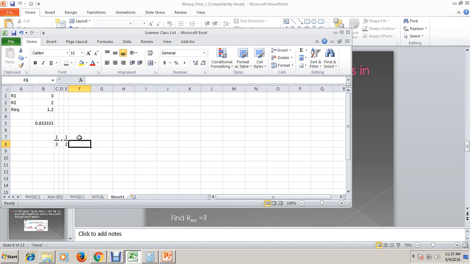So what you're going to do to perform the corresponding mathematical operation is to add the two fractions together.